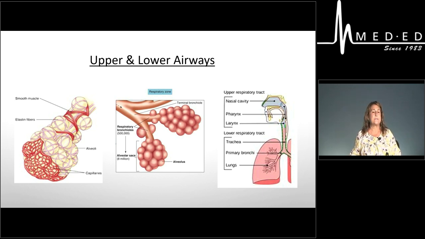So basically your respiratory zone is where that gas exchange takes place. Everything else is basically just a conduit for air transmission, and we refer to that as dead space.